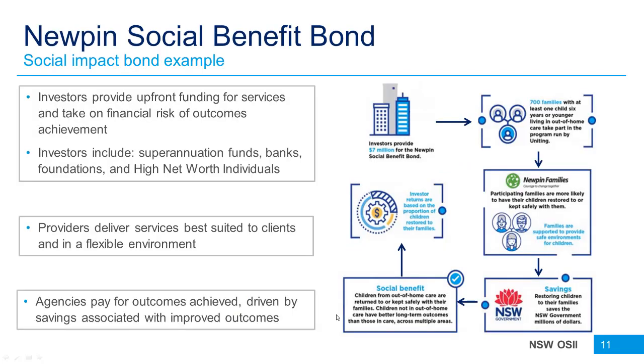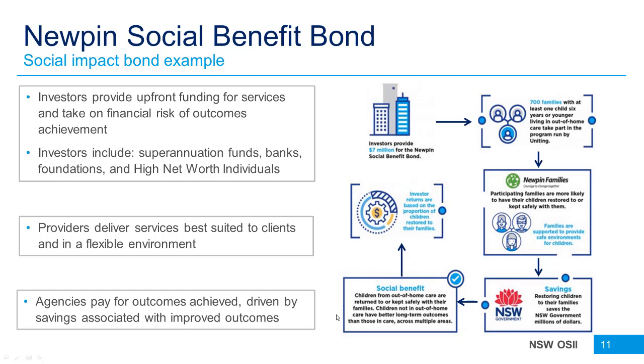Now, let's take a look at the Newpin Social Benefit Bond, Australia's first social impact investment. For this investment, investors provided $7 million in upfront working capital that was used to fund services to 700 families with children in out-of-home care services. The Newpin program was designed to support those families so that they could restore those children back to a safe and loving family environment.